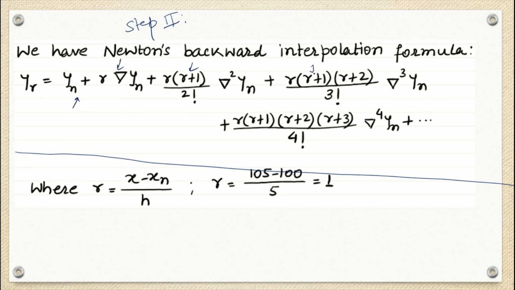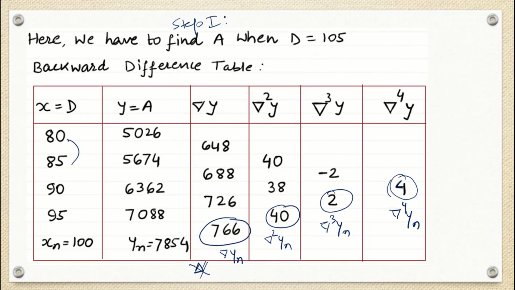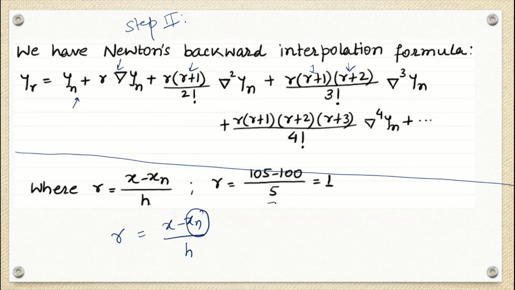Fine. So now I have to find what r is. r is a real number for sure, but the formula for backward interpolation is r equals x minus xn by h. What is h? h is the difference between different instances of my x. That means the difference is nothing but 5. Fine. So h is 5. x is the point at which I am interested in finding the value of y.